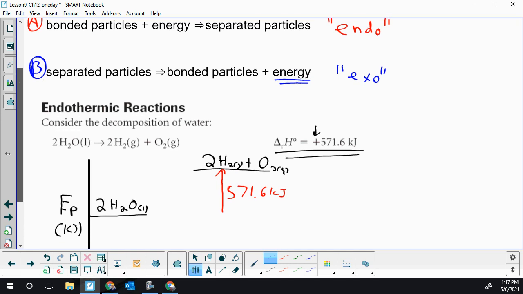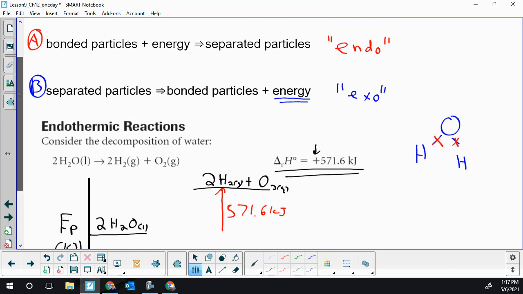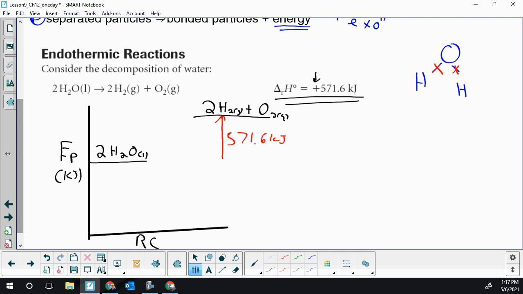If we think of our water molecule, and then we look at our products, there are no OH bonds in our products, so both of those bonds must be broken, and that is going to require energy. That's going to be our part A. So we're going to need some activation energy to do this, and that is the going up. As we're putting energy in to break those bonds, we're going to see an increase in potential energy.